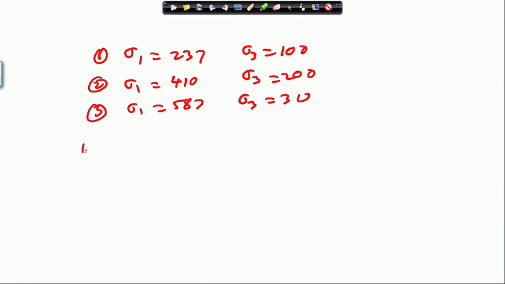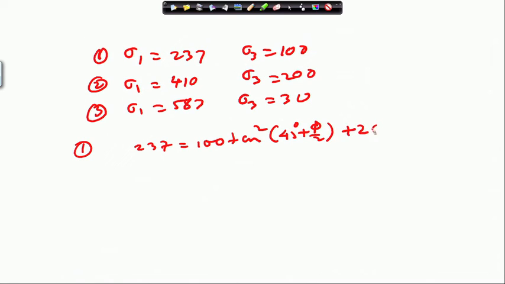So, I can get one equation: 237 equals 100 tan square (45 degrees plus phi by 2) plus 2c tan (45 degrees plus phi by 2).